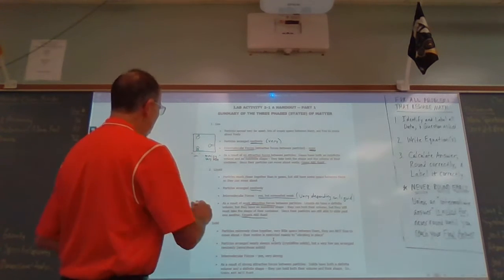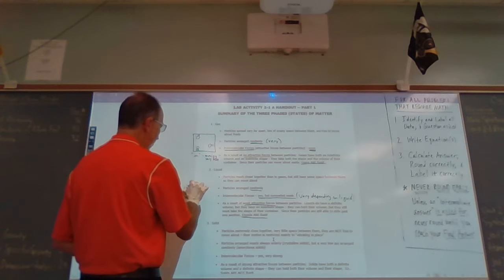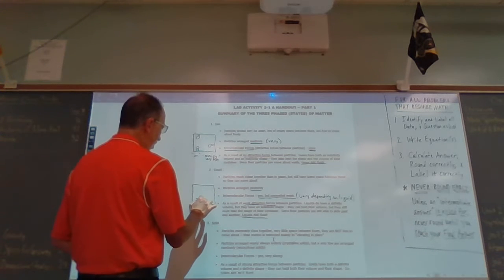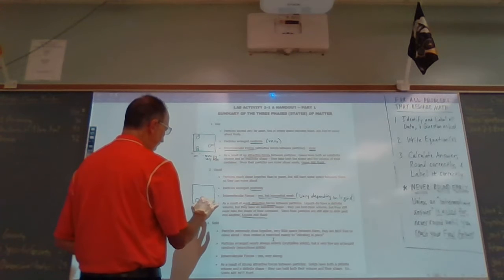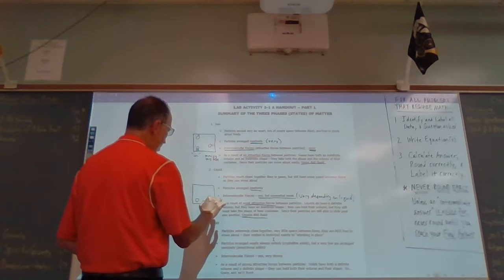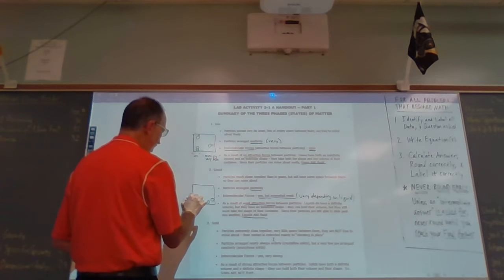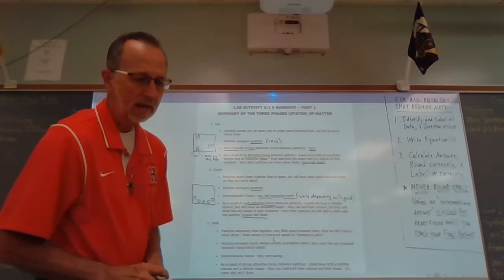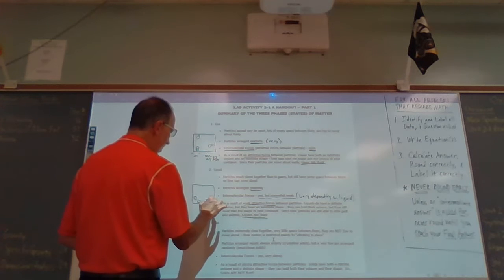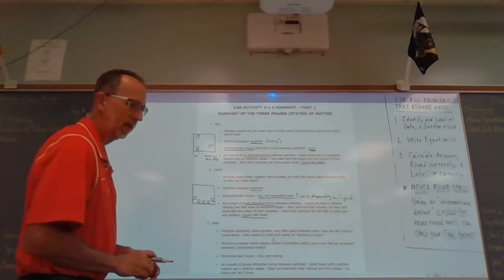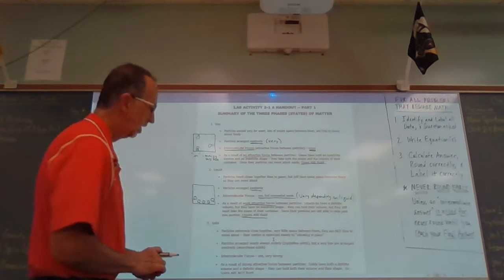Now, if I was going to draw a little more specific particle diagram of a liquid, again, we know that the particles are much closer together, like so. I'll draw my little meniscus in here too, like that. And I'm going to give them one little tail or one little bar of speed to show that they still have the ability to move.